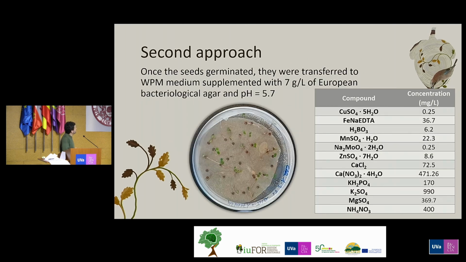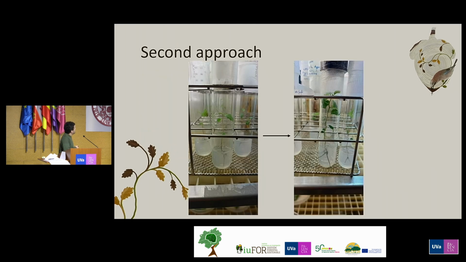Once I have the seeds germinated, I transfer them to a WPM medium, which is a common medium for woody plants, which had these compounds. It's just nutrients, so it's not worth mentioning them, and always with 7 grams per liter of agar. And that's what I have here, the seeds germinated.